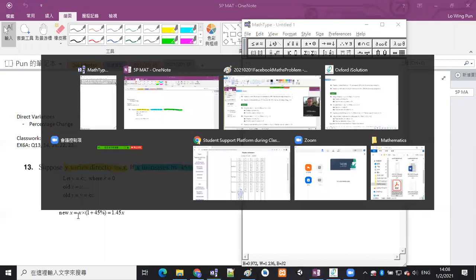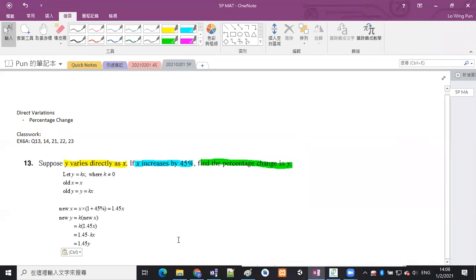Now the old values of x and y have been found, and the new values of x and y have also been found. So we can go back to the question to answer it.